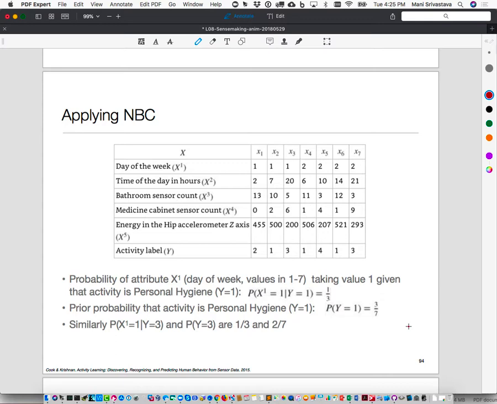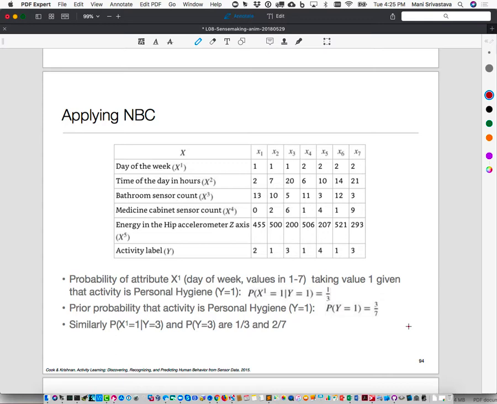In this case, we can see the probability that x1, which is the day of the week, takes the value 1, given that the activity is personal hygiene, which is y equal to 1. So p(x1 = 1 | y = 1): y equal to 1 occurs 3 times, and within that the day of the week takes the value 1 only once, so the answer is 1/3.